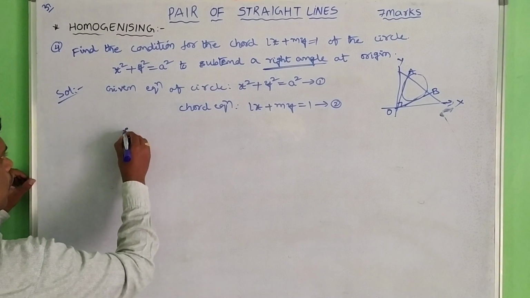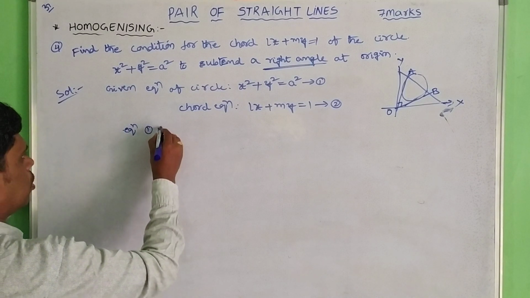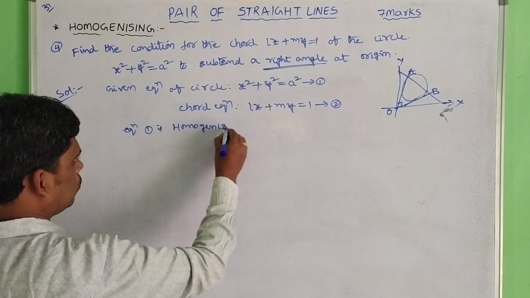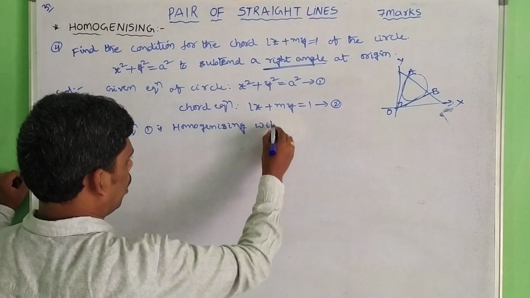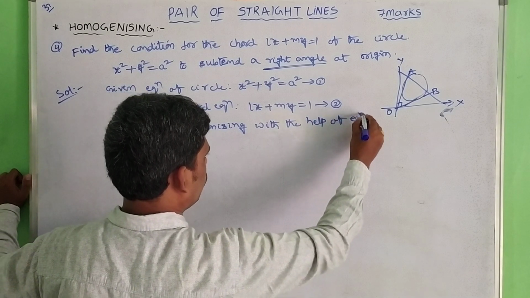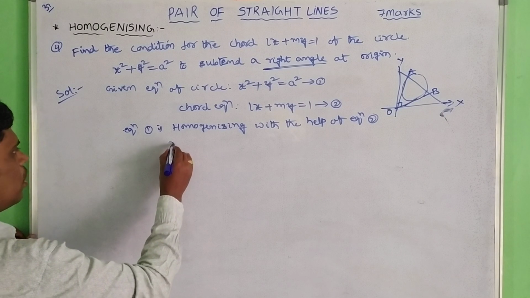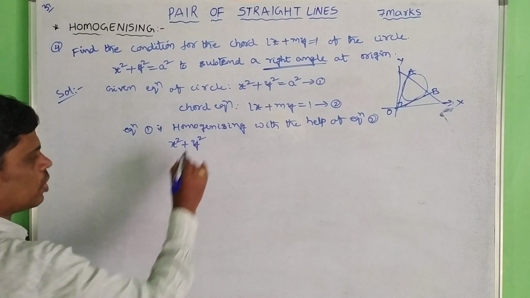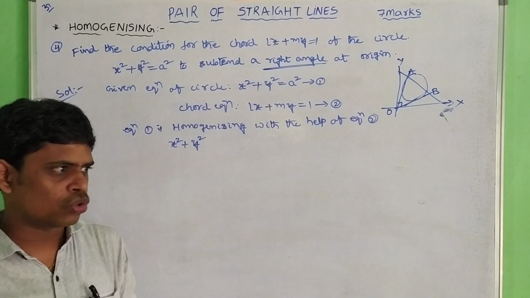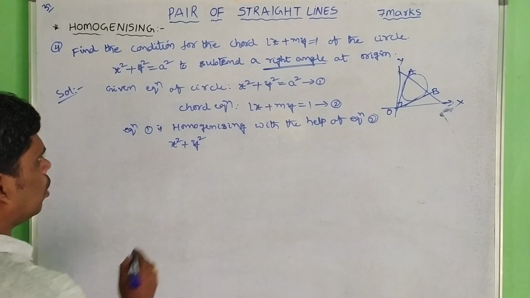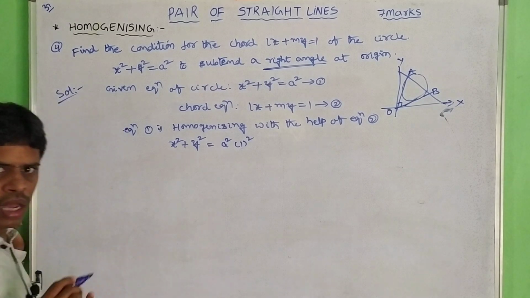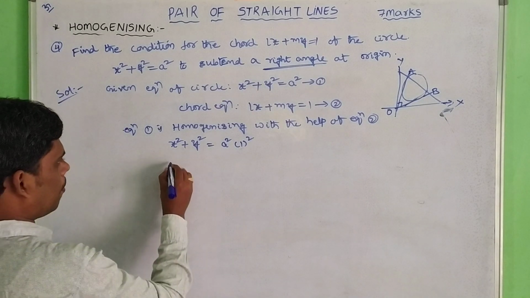Equation 1 is homogenized with the help of equation number 2. In the given circle equation there are no x and y terms, so we do not need x into 1 and y into 1, just only the constant. You can write only 1 square. That is observed in the previous problem and this problem.